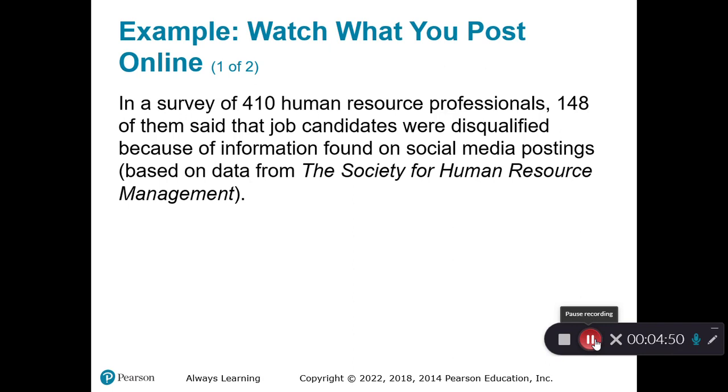One thing I like about this book is that the author does try to use real information, real data, rather than manufacturing examples. So I like that there's a reference here to the source of where this information came from. All right, that said, so we have 410 human resource professionals. 148 of them said that job candidates were disqualified because of their social media postings. Let's see what they're going to ask us about this.